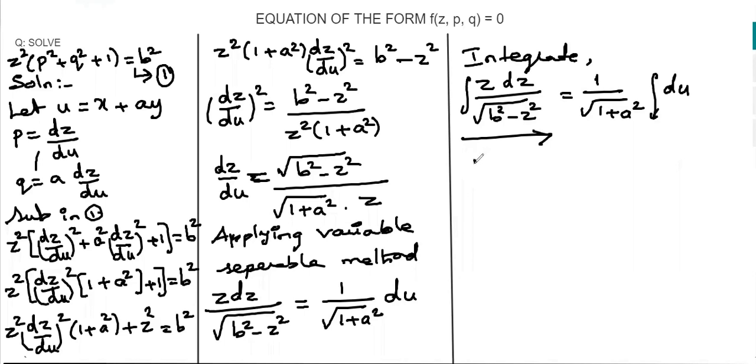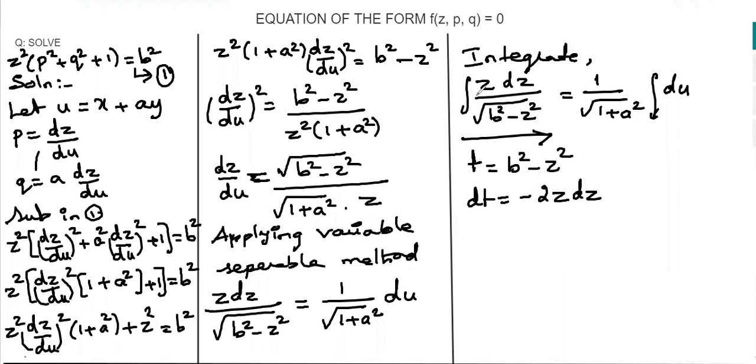I am taking a variable t, whichever is inside the square root in the denominator, I can substitute as t. If I am taking this as t, what is my dt? b square is a constant, so minus 2z dz will be there.